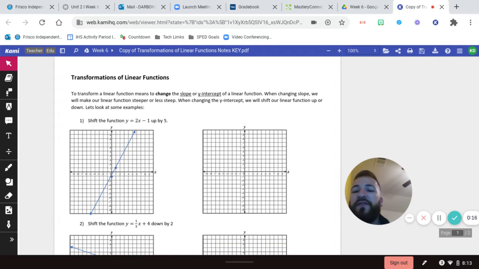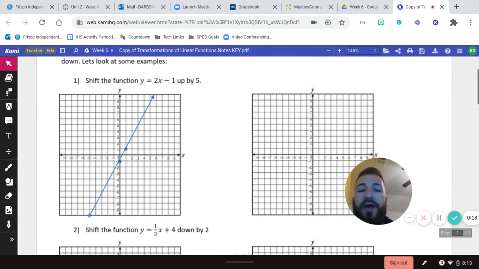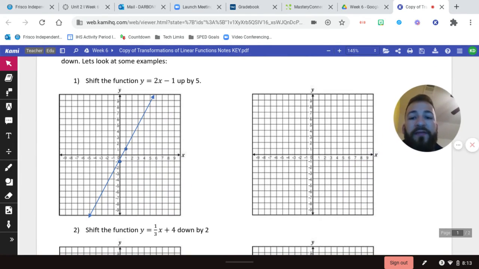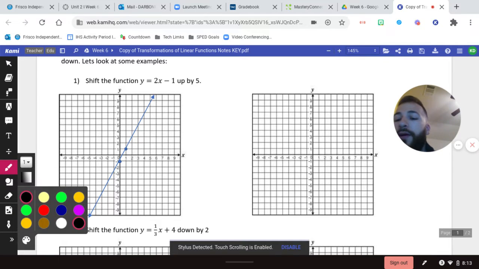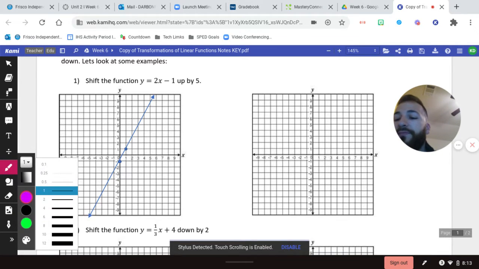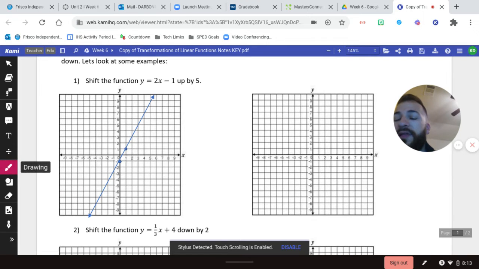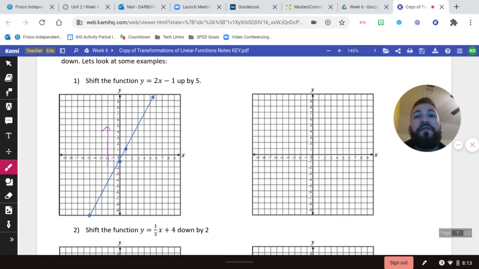We want to shift the linear function y equals 2x minus 1 up by 5. If I want to shift a linear function up by 5, I'm shifting this entire line up by a factor of 5.